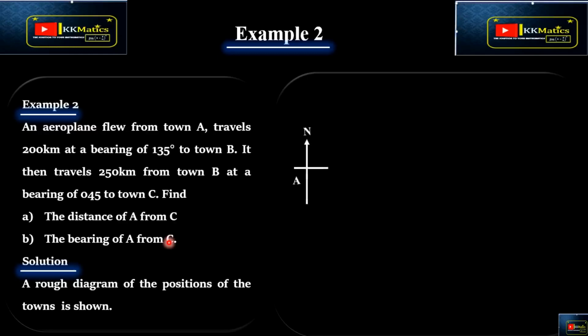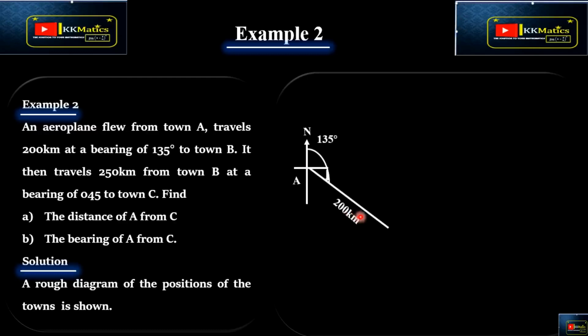Now, here we are told that an airplane flew from town A. So this is town A. It travels 200 kilometers at the bearing of 135 degrees to town B. So 135 degrees lies in the second quadrant. This is the first, and this is the second quadrant. So we draw a line from the second quadrant to B at a distance of 200 kilometers.